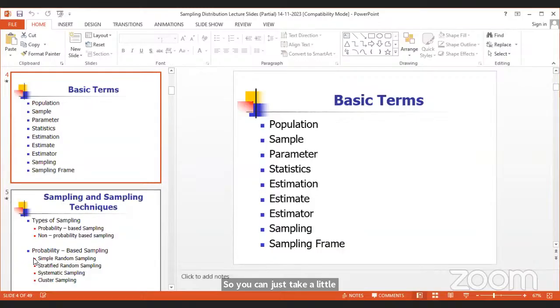So now let's move to sampling itself. So what's sampling? Sampling here is defined as the procedure of taking a sample from a population.